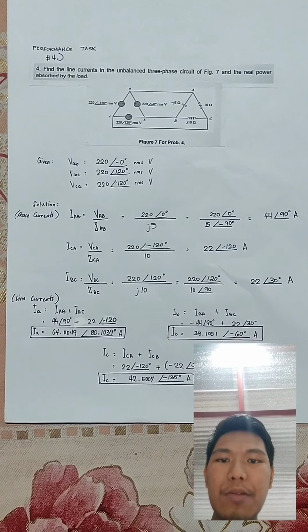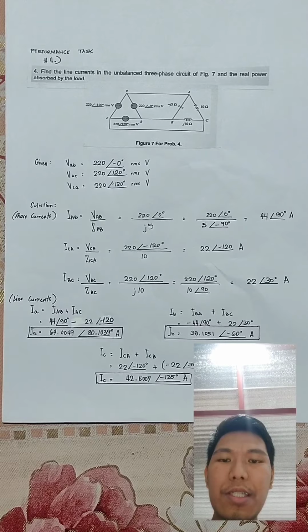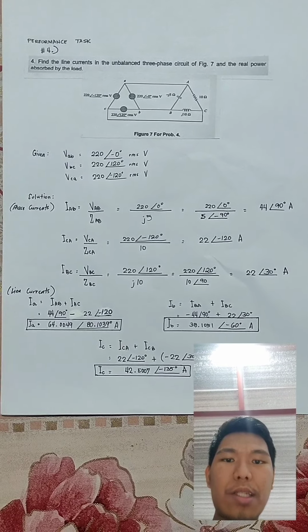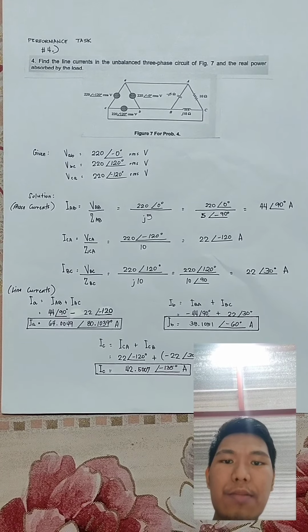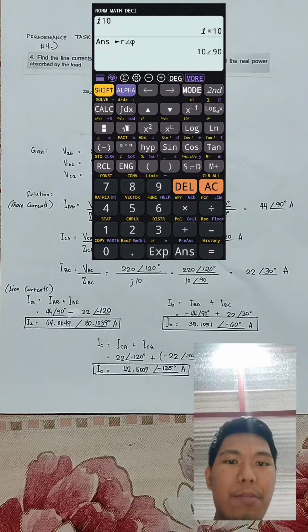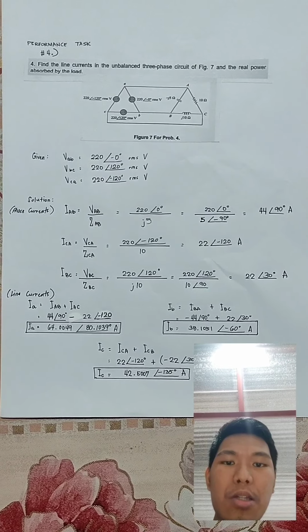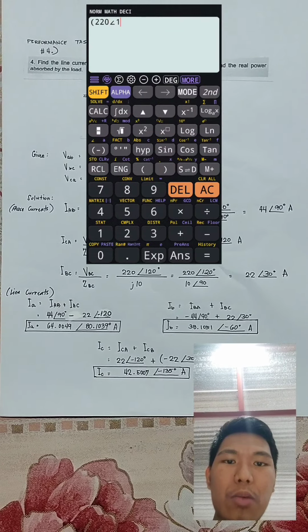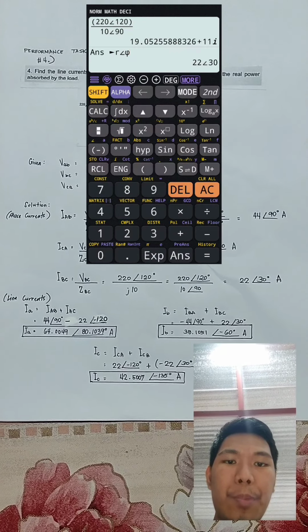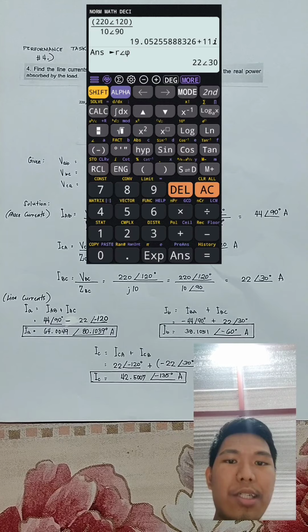For IBC equals VBC over ZBC, it is equal to 220 ∠ 120 degrees over j10. j10 will be converted to its polar form, 10 ∠ 90 degrees. 220 ∠ 120 degrees over 10 ∠ 90 degrees is equal to 22 ∠ 30 degrees ampere.